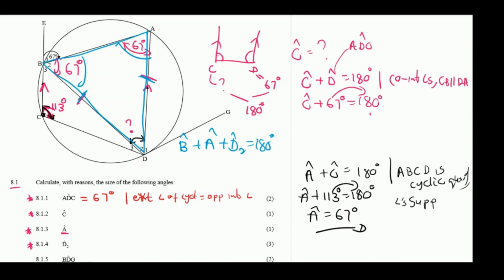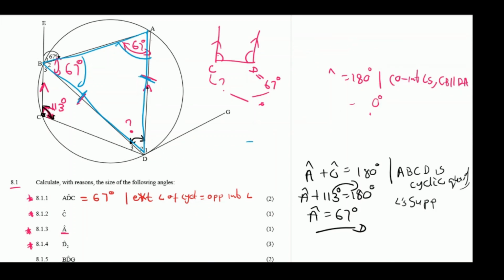But before you even write that solution, let me first write it nicely here at the top. The first thing you're going to do, you're going to say angle A is equal to 67 degrees, right? Angle B2 is equal to angle A is equal to 67 degrees.